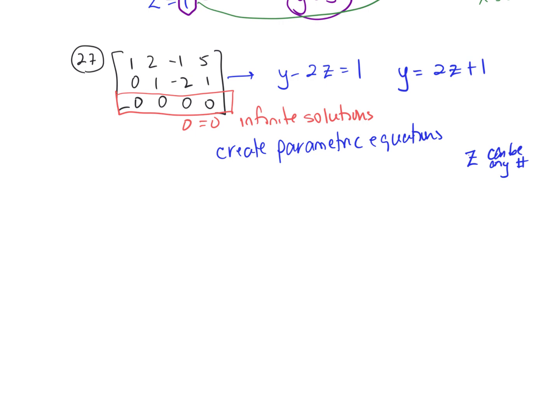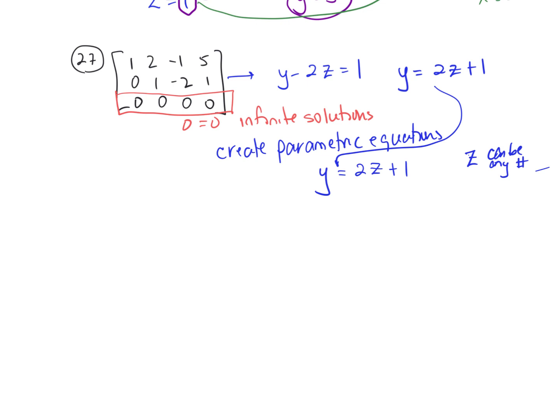So our y value is equal to 2z plus 1. We have y in terms of z. Since z is our independent variable, everything's going to depend on z.